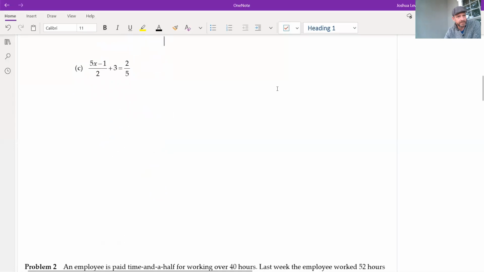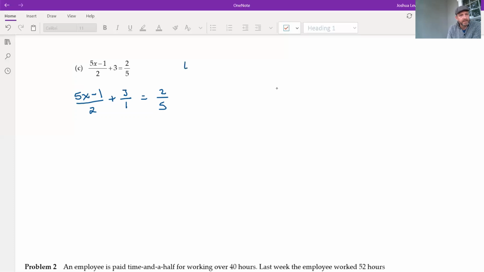All right, part C. So what we're going to do in part C is notice that I've actually got 3 different denominators, right? I've got a denominator of 2. I've got a denominator of 1. And I've got a denominator of 10.